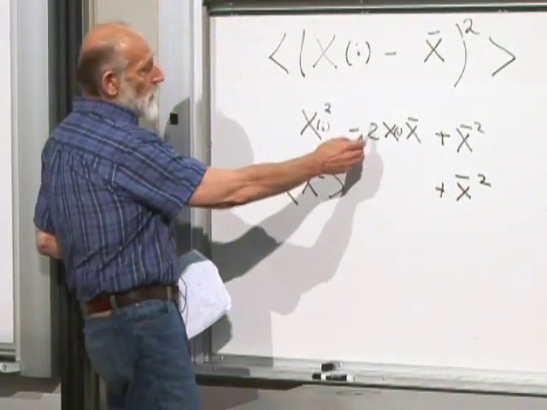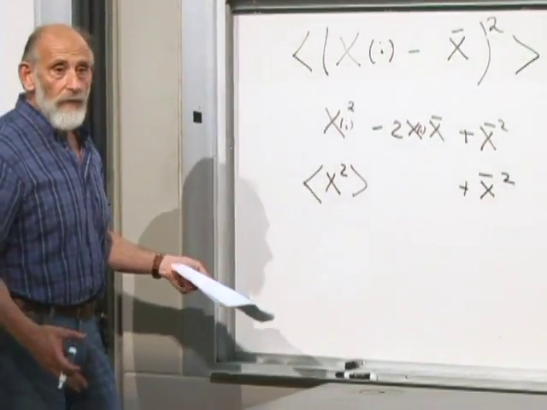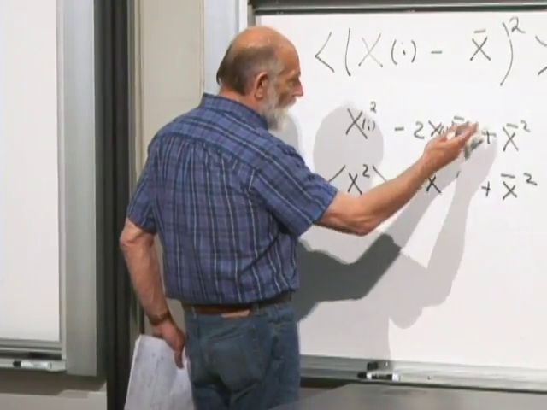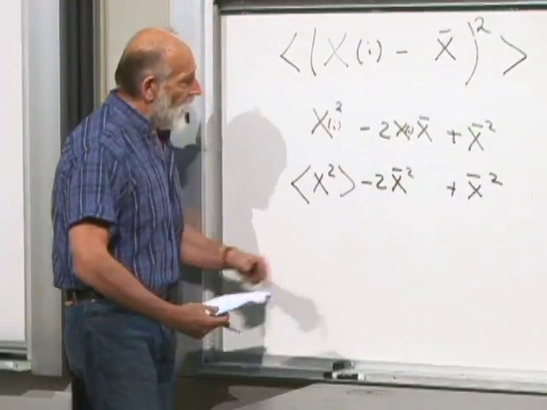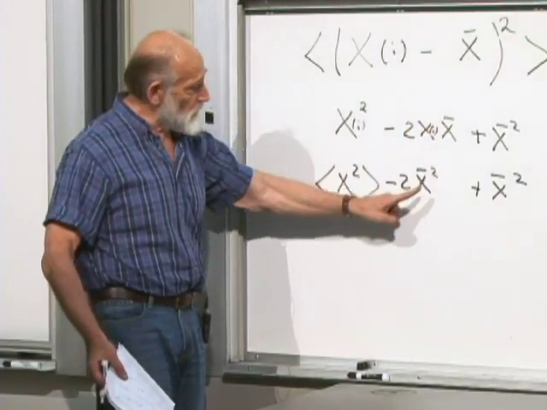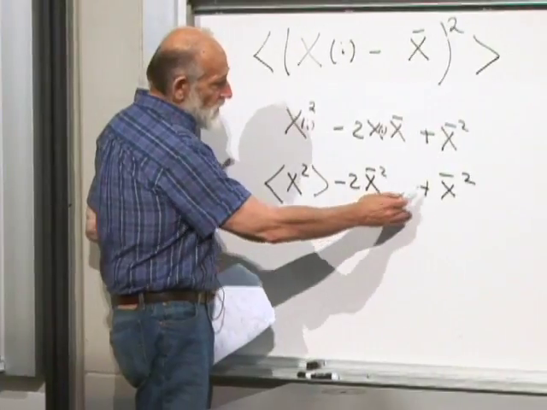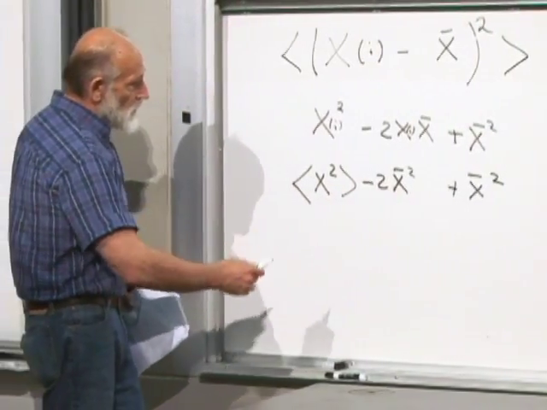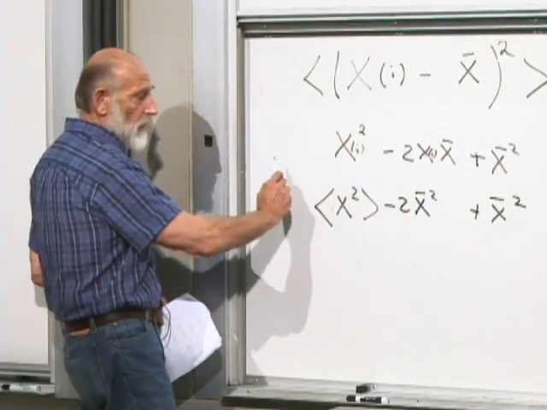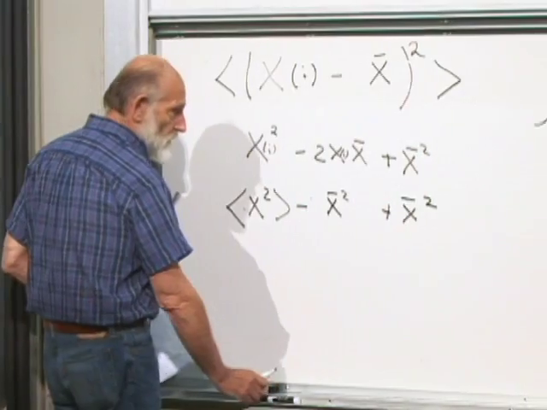And then what about this one? What's the average of this? It's just minus 2 x bar squared. Averaging x gives you x bar, and it just multiplies this x bar, so it's minus twice x bar squared. Two of these, one over here, the result is just x squared average, minus this one squared.